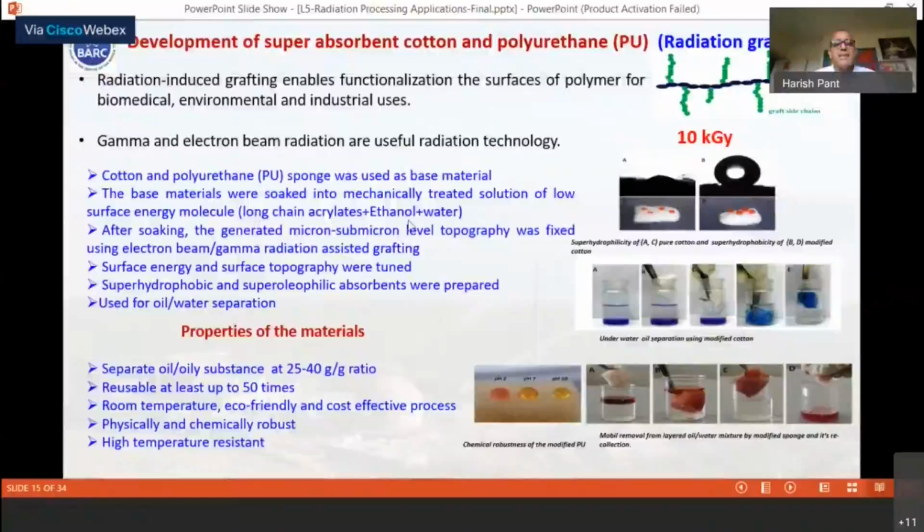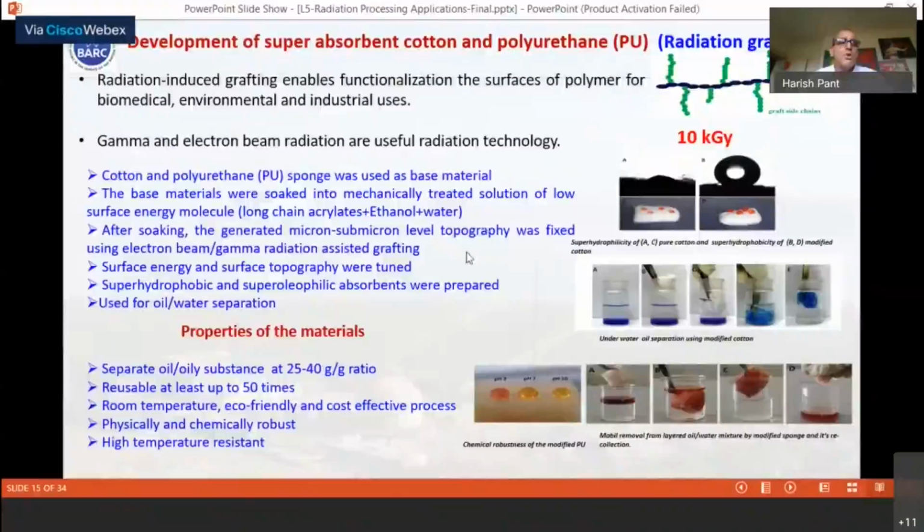This cotton gauze is soaked in this solution, and under that soaked condition it is irradiated using the electron beam or the gamma radiation by delivering a dose of 10 kilogray.